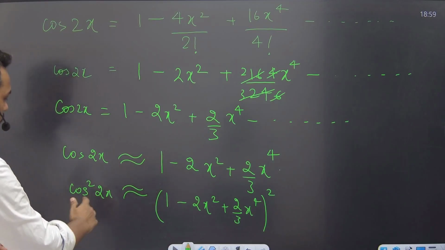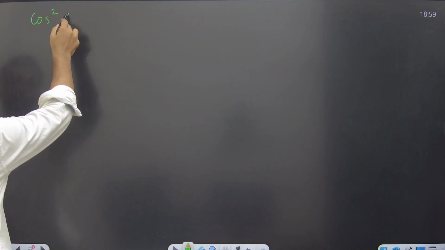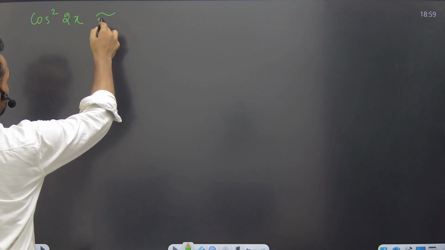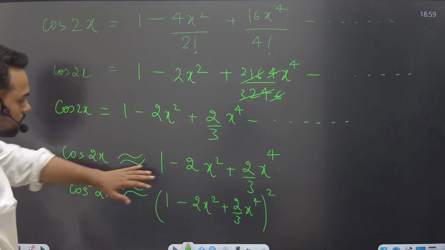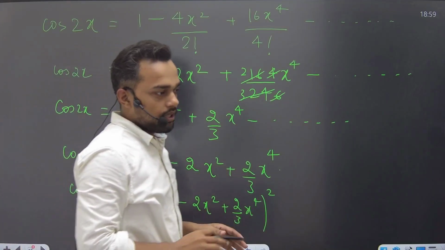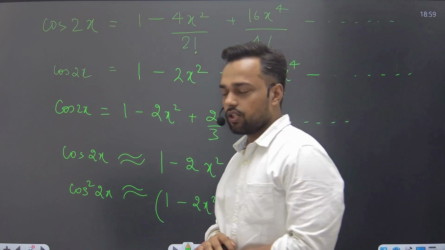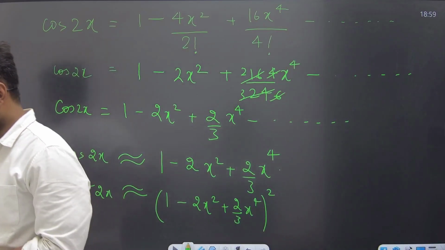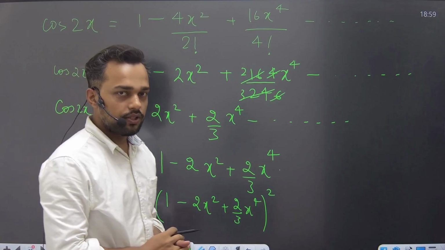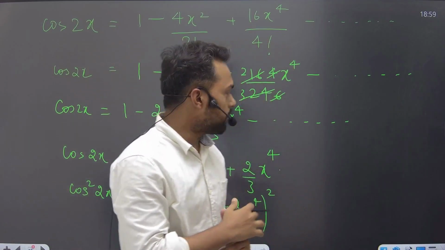Now I'll expand the right hand side. Again I will take one page. So on expansion, cos square 2x is equal to, expanding this particular right hand side on the basis of the formula of (a plus b plus c) square, that equals a square plus b square plus c square plus 2ab plus 2bc plus 2ca. This is how this formula works.